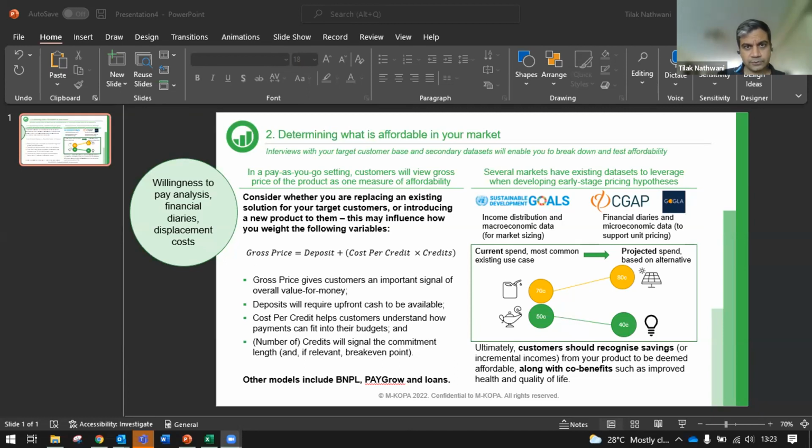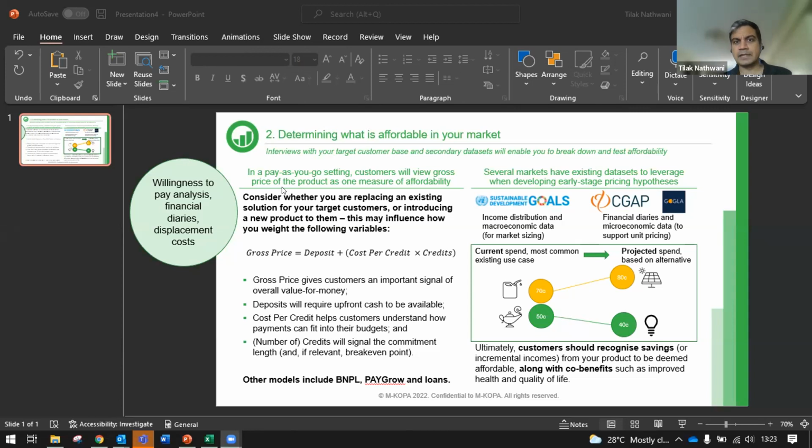In terms of determining what is affordable in the markets, I'll be approaching this from a very early stage design and development process, which is primarily what my role is as I work with M-KOPA's labs. This is focused around the pay-as-you-go setting, but I'll touch very briefly on some other credit models and business models that you could explore as well.